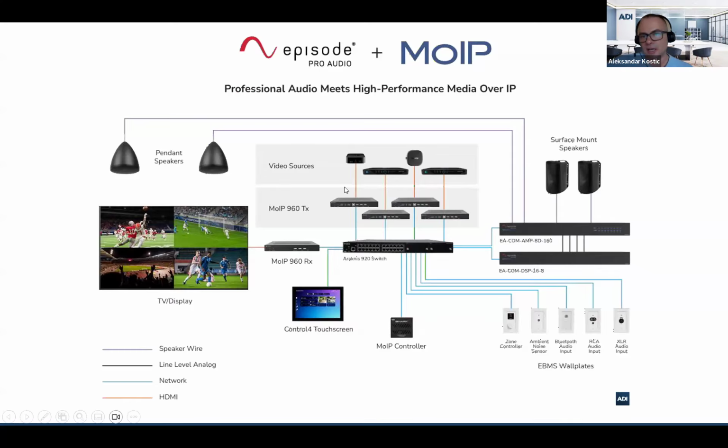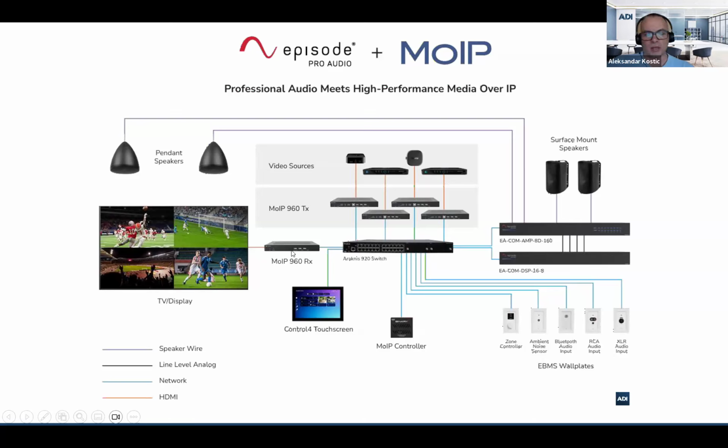In this example, I have an EBMS DSP connected to the network, which can act as an audio receiver for audio coming from the MOIP Binary transmitter.